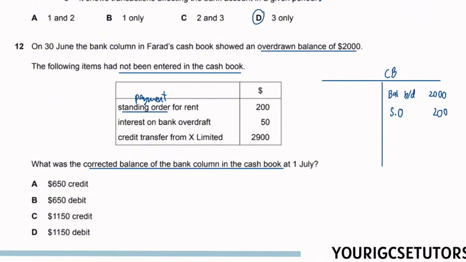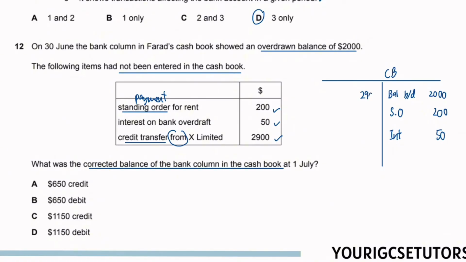And then interest on bank overdraft, it's also a payment, because your bank charges interest for your overdraft. So credit 50. And then credit transfer from X Limited. A credit transfer is like a receipt, people deposit money into your bank account. If you don't remember, you can see this from X Limited. It means that maybe it's from your customer, deposited into your bank account.